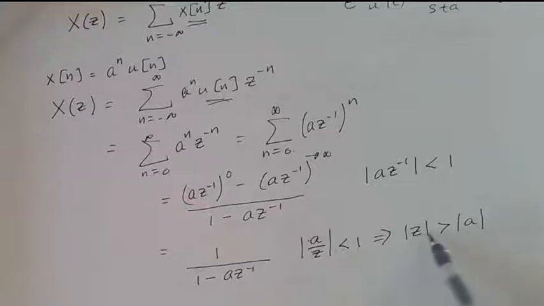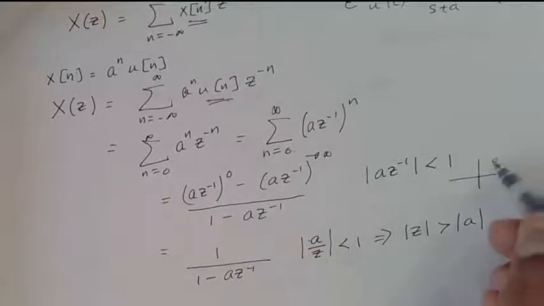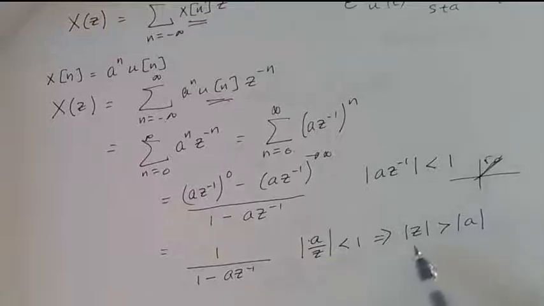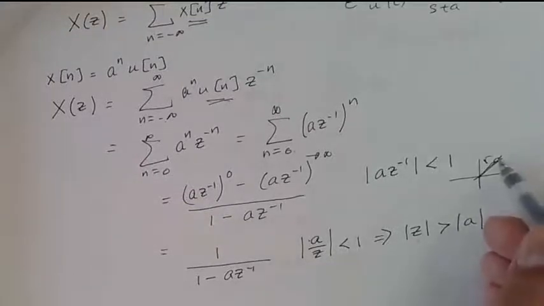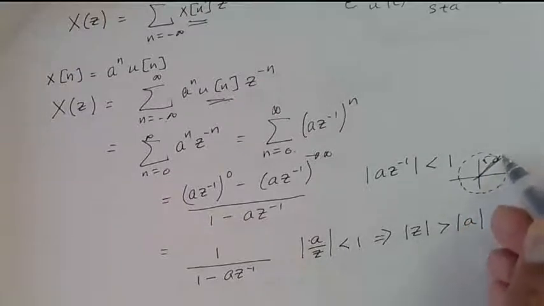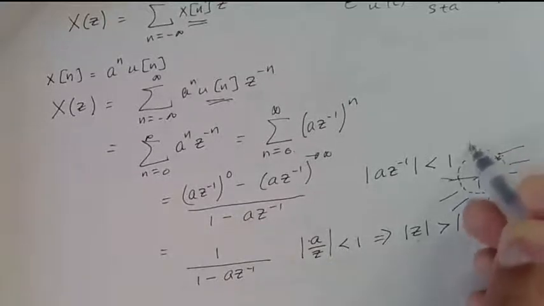Remember, the magnitude is the distance of that complex point from the origin. So here is my complex point in the complex plane. This distance is the magnitude, r. When I say the distance from the origin is greater than a, what I mean is that there is a circle of radius magnitude a, and my region of convergence is outside of that circle.